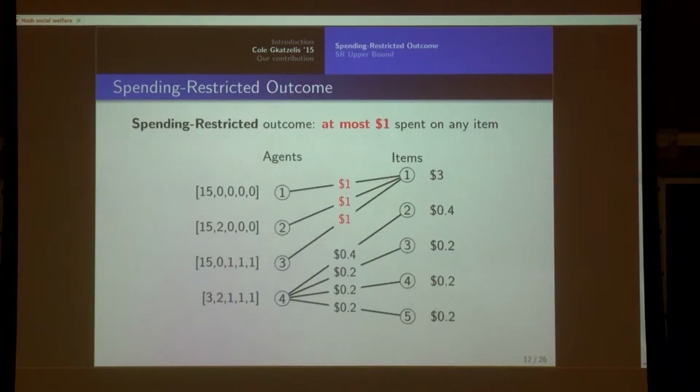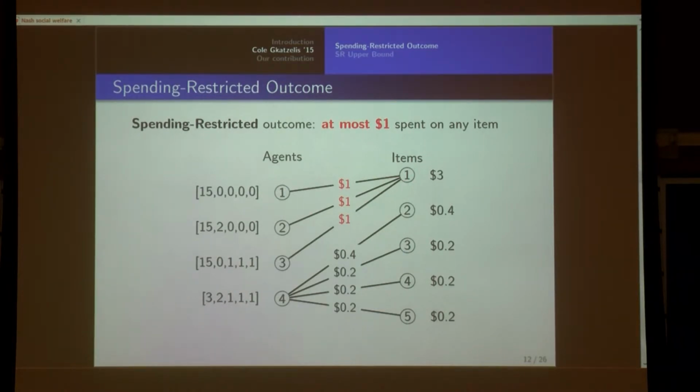Okay. So what is this spending restricted outcome? It's the same market equilibrium concept, but they say that no item can have more than $1 spent on it. Okay, so for instance, this is not an equilibrium because here the money spent on this item is $3.